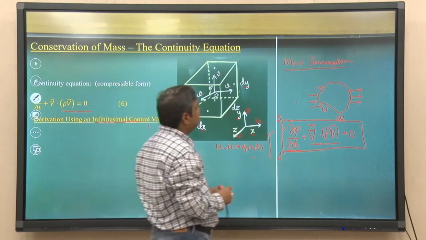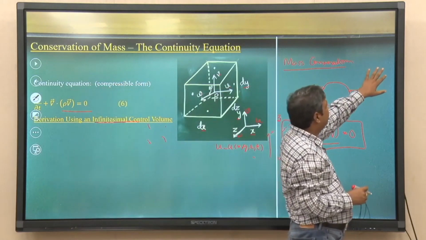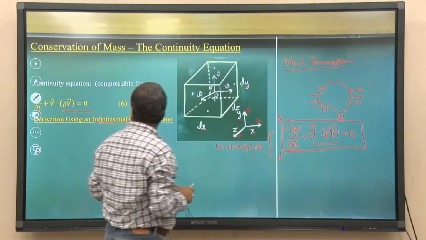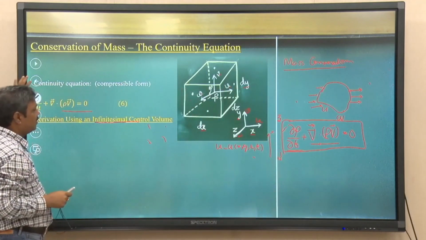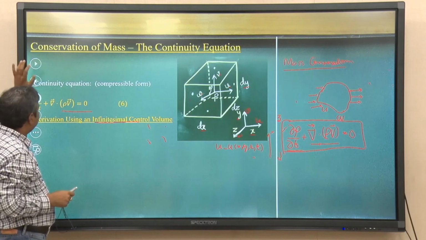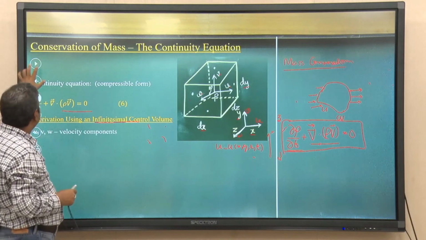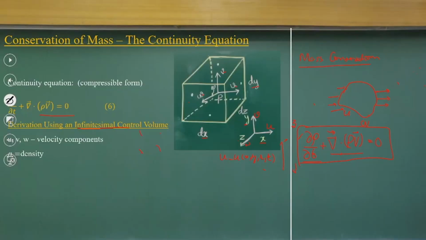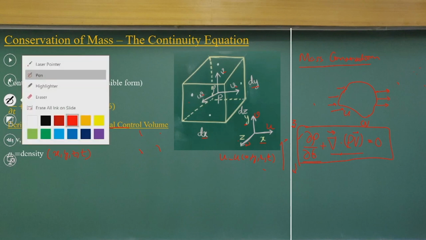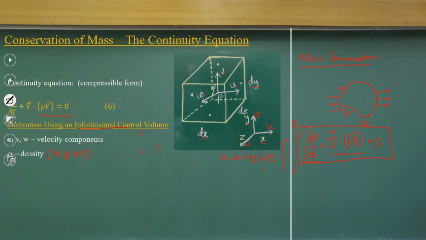Now, the velocity components are functions of position and time, and the density is also a function of position and time.